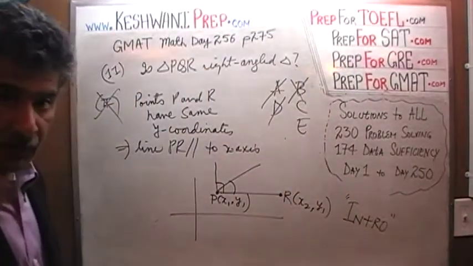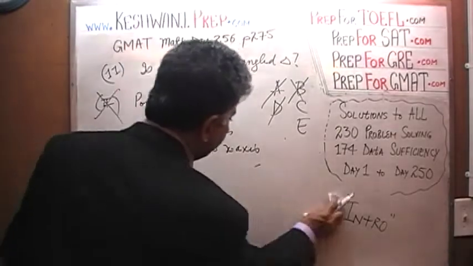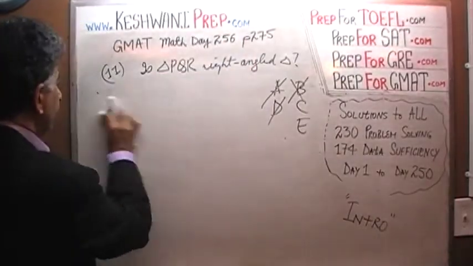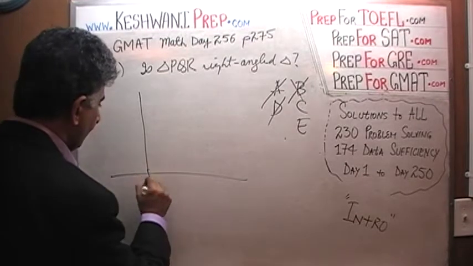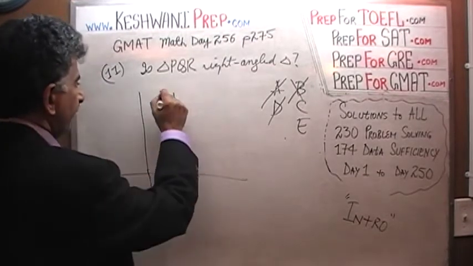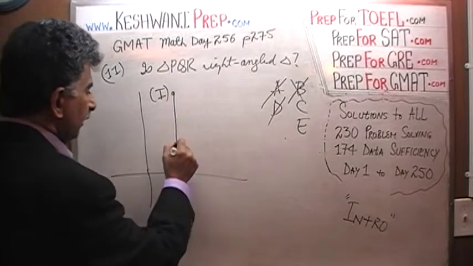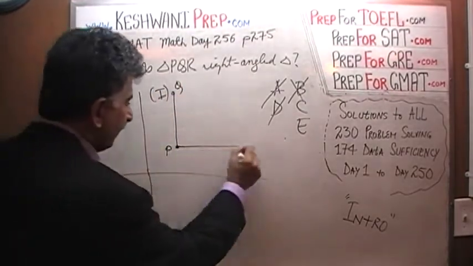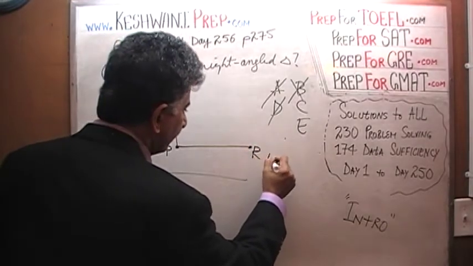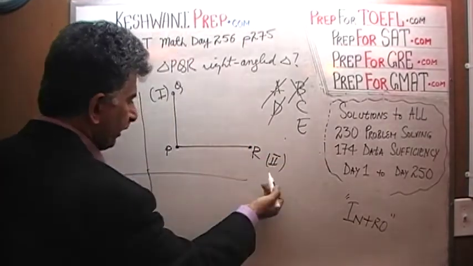Let's put the two statements together, and when we put them together, of course, it's a very clear-cut situation now. The first statement tells us that the line PQ is parallel to the y-axis, and the second statement tells us that line PR is parallel to the x-axis.